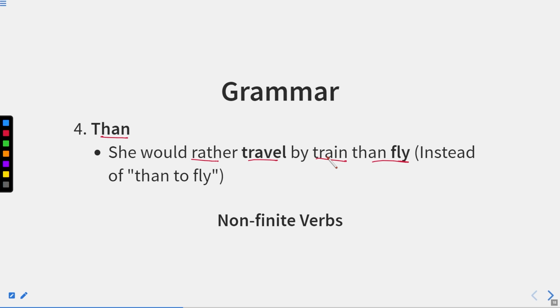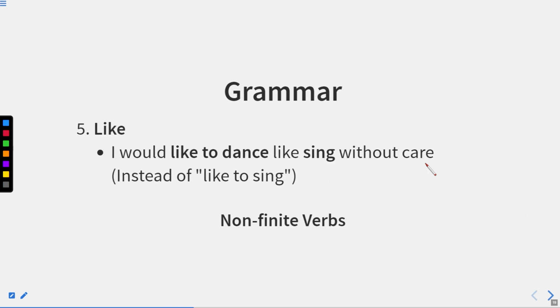So she would rather travel by train than fly, instead of to fly. Would rather is always followed by a bare infinitive, it means infinitive without to. So here we cannot use to, and after than again we are not using to. So with the word rather we actually use than, not to. Now let us move to the next one.